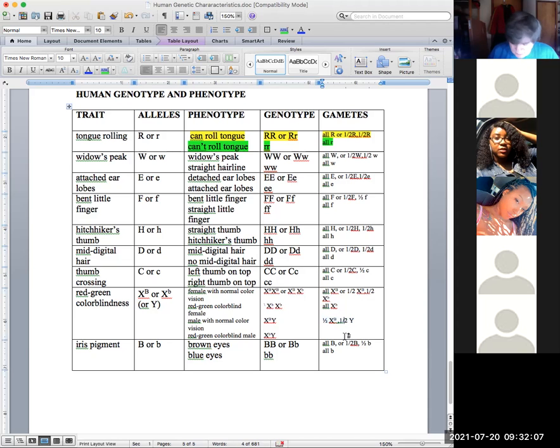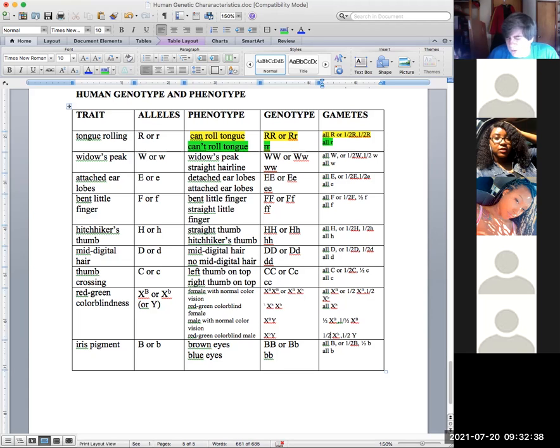A male who's colorblind, half of his sperm get the X with, this time, a little b. Half of his sperm get the Y.